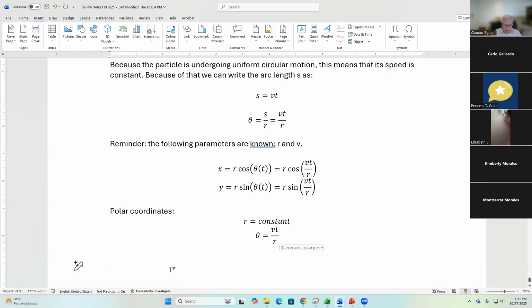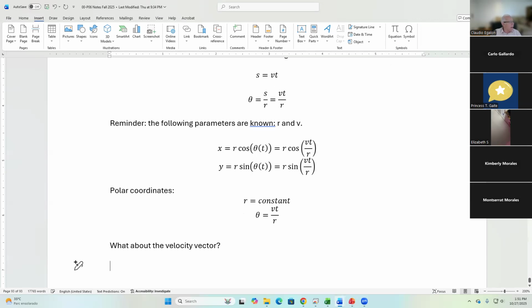Now, what about the velocity? What about the velocity vector? We can also determine it by inspection of the particle undergoing UCM.